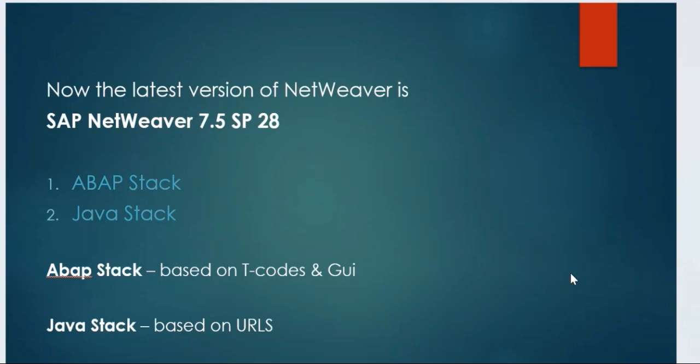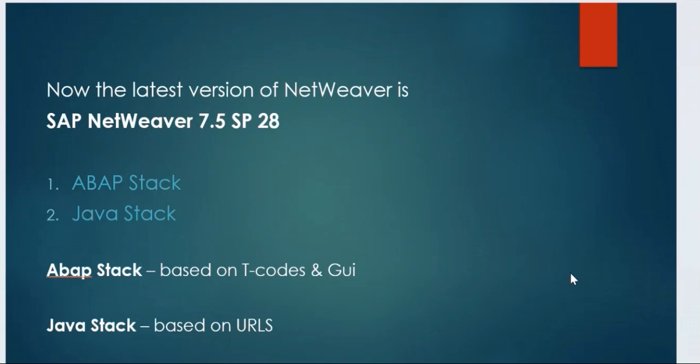Okay, so this PI system and Solution Manager systems are dual stack systems which run on ABAP and Java stack. If you talk about other systems like ERP, ECC systems, have you worked on 4.7?